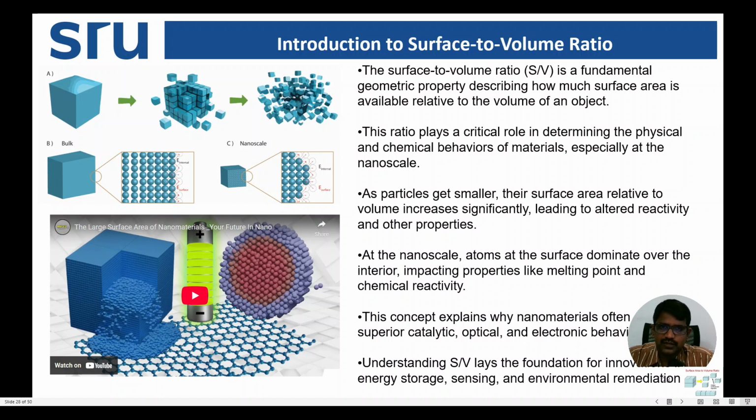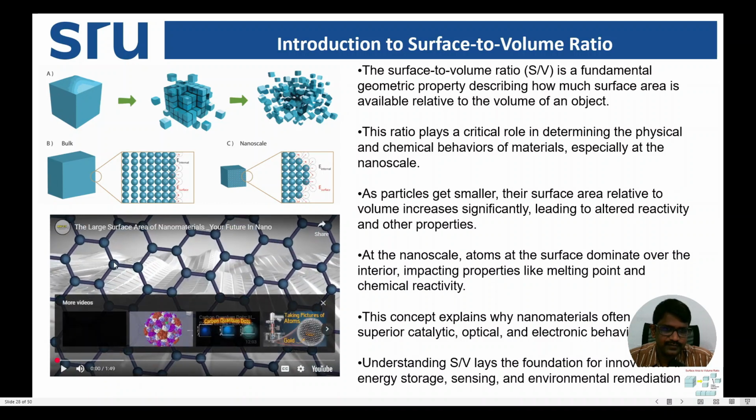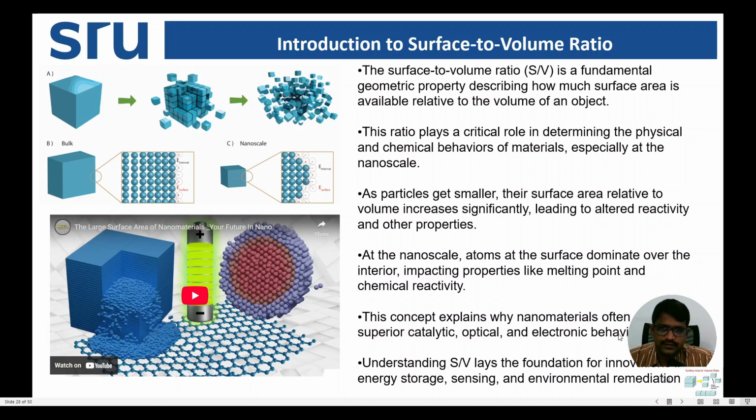Okay, if you see the picture here, it is a bulk material. We have discussed two methods to prepare nanomaterials.